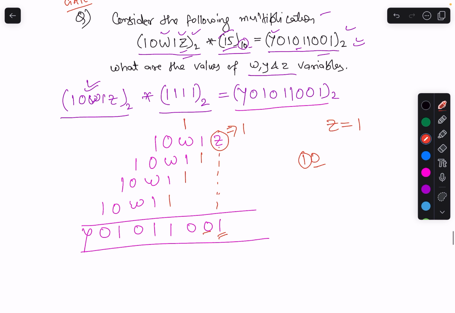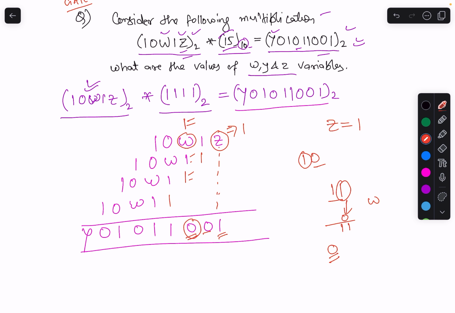Now here 1 plus 110 plus 111. We are adding 3 ones here and we are getting 11, but the output is 0, right? If w is equal to 0, we will get 11 only, and this will be wrong because the sum here is 0.